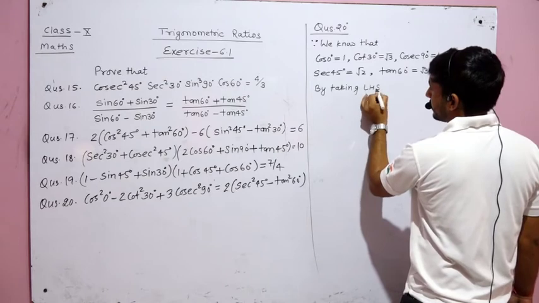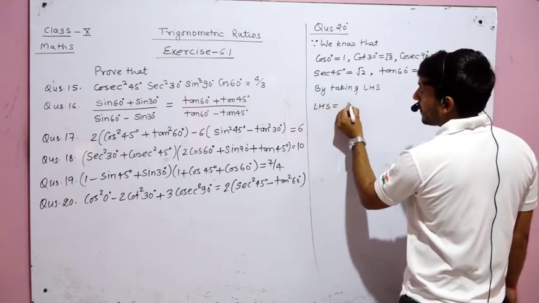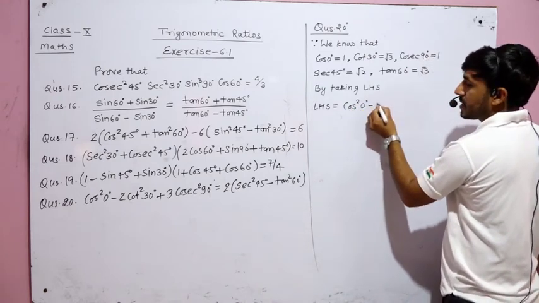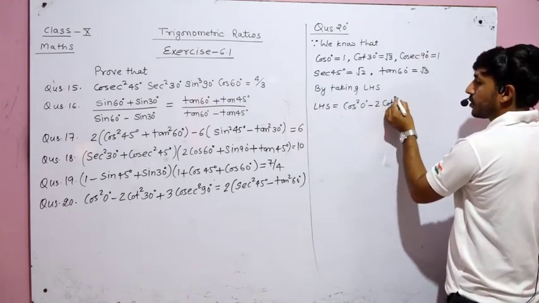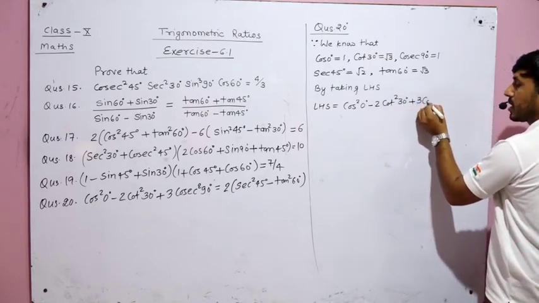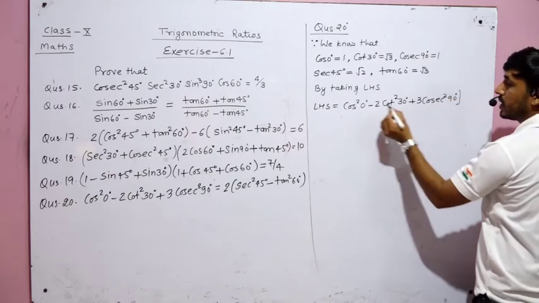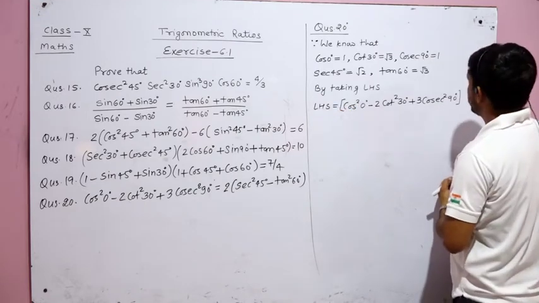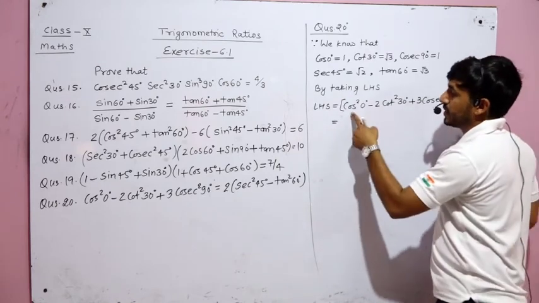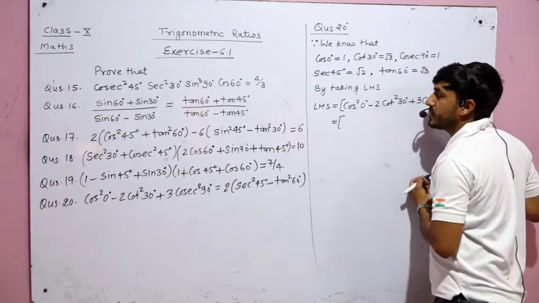By taking LHS, we have LHS equal to cos square 0 degree minus 2 cot square 30 degree plus 3 cosec square 90 degree. This is taken as LHS, and we have to substitute all the values. First we have to simplify this step.